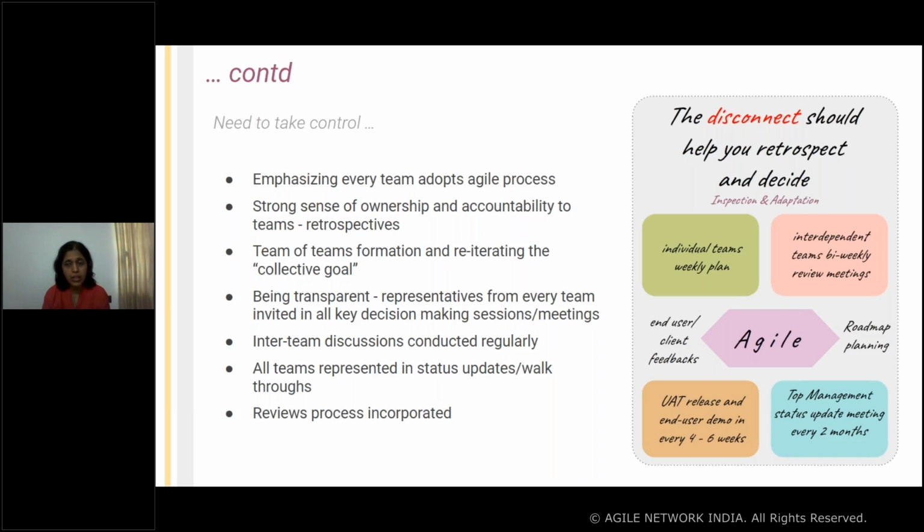So that is how you can get started, and make sure that your agile practices are improving as you move along the timeline. That is another thing that you have to take into account.